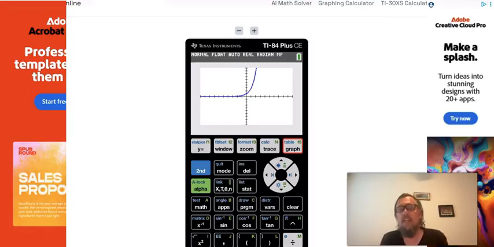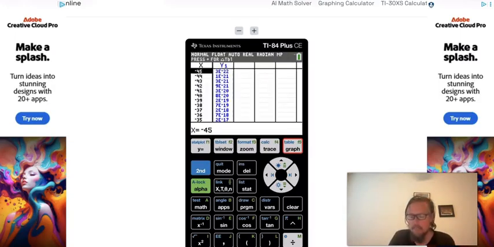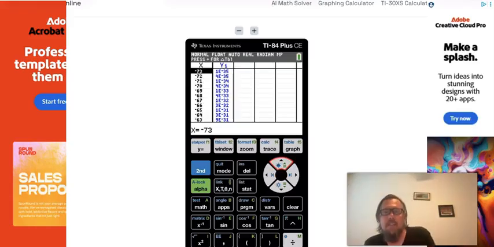But as we know from looking at our table, it doesn't actually touch the x-axis. It gets really, really close, but doesn't ever actually touch it because the y value never becomes 0. No matter how far we scroll, no matter how low the numbers get, we never hit 0.